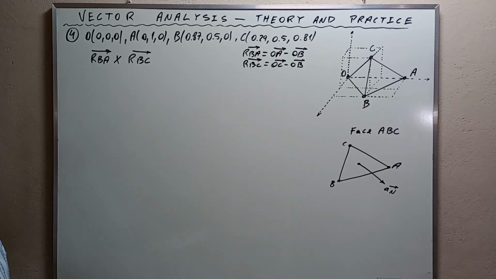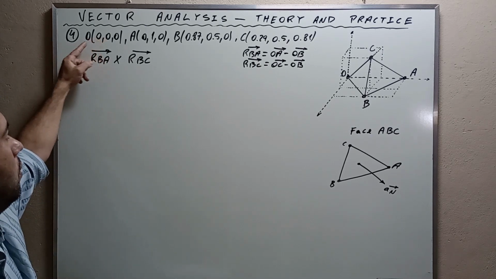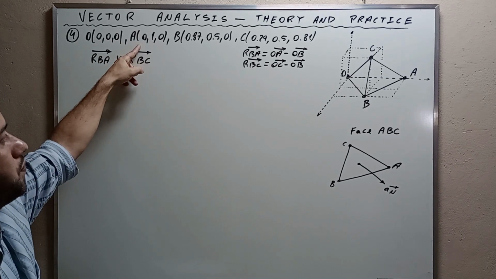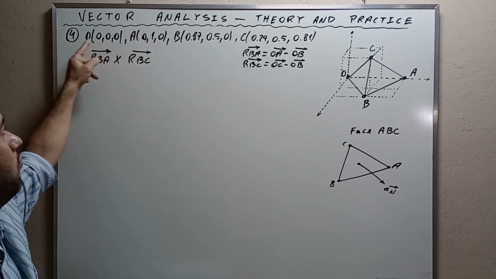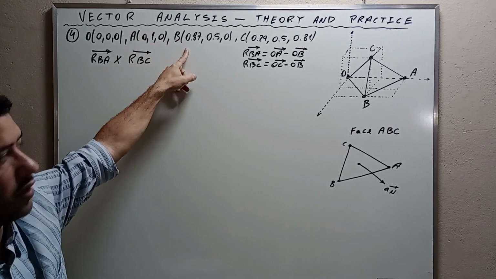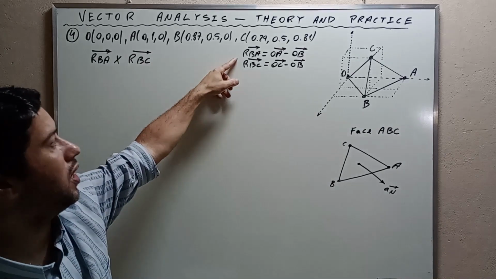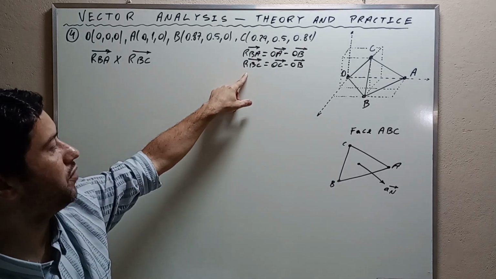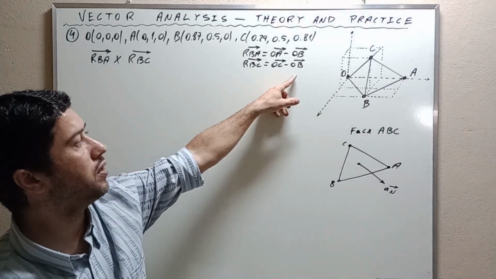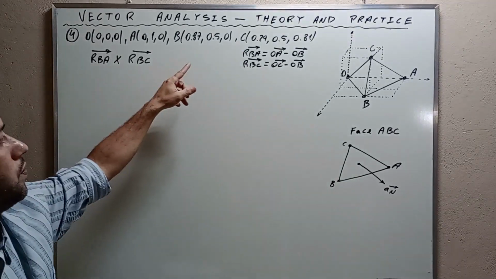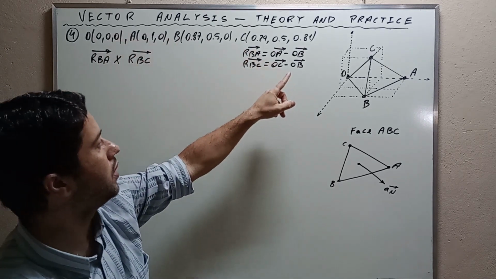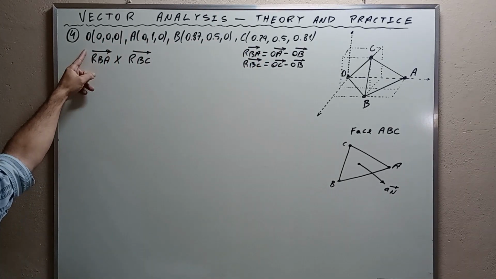I am going to let you try. Simply locate vector OA from the origin to A, locate vector OB from the origin to B, and you're going to find a vector. And this vector is R_BA. Similarly, locate R_BC as OC minus OB and use the coordinates of C and the coordinates of B and the origin.